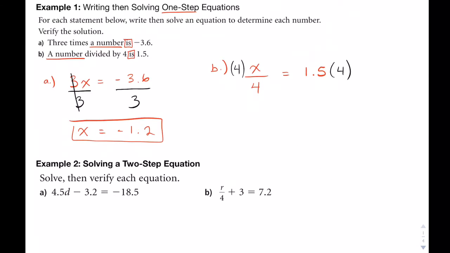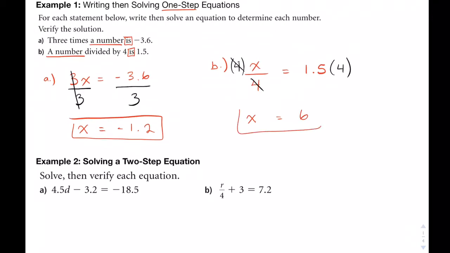When you have a 4 on the top and 4 on the bottom, 4 divided by 4 is 1, so those just cancel out. And all we're left with is x is equal to 6. So these were just one-step equations.